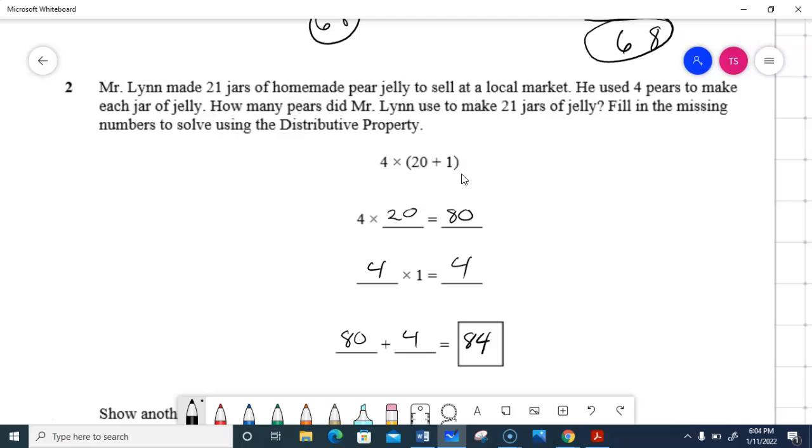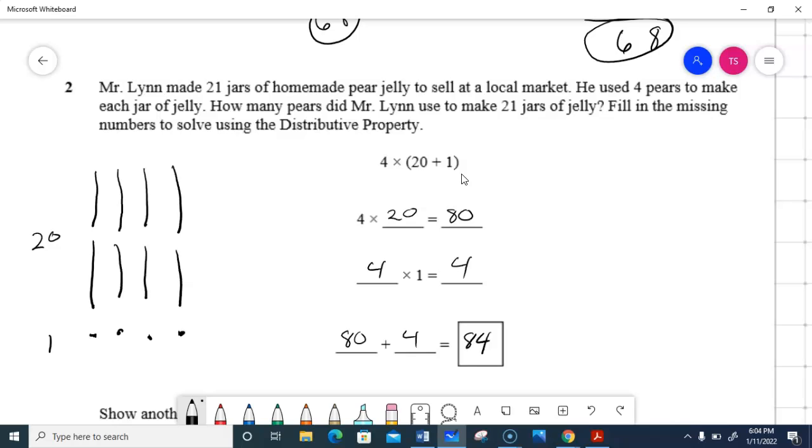So I would do 10, 21, 10, 21, 10, 21, and 10, 21, because I have 21 groups, and I have 4 pears in each.